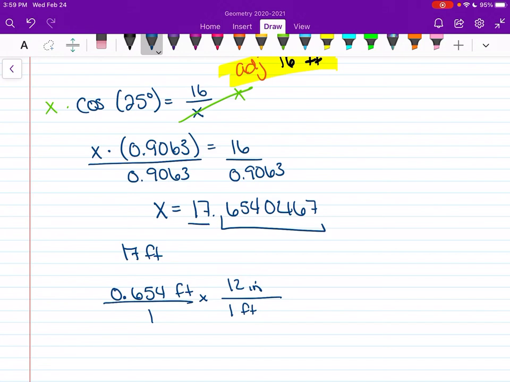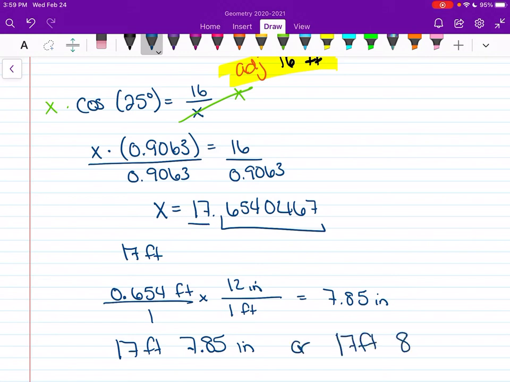If I multiply that by 12, that is going to be 7.85 inches. So my final answer would be 17 feet and 7.85 inches, or 17 feet, 8 inches, if I want to round to the nearest inch.